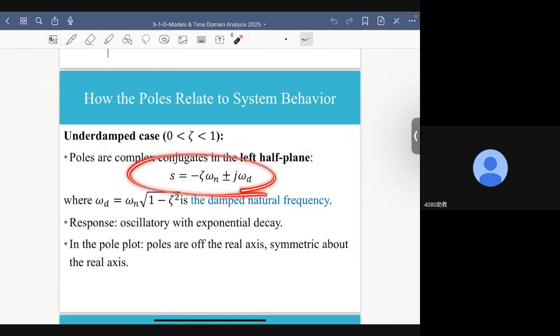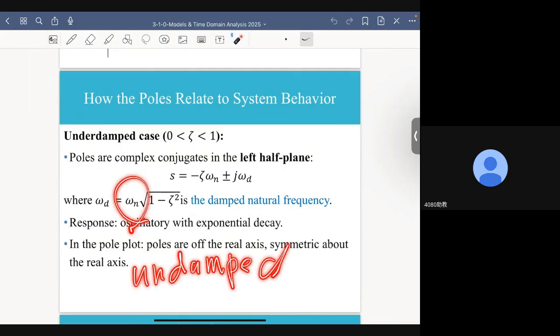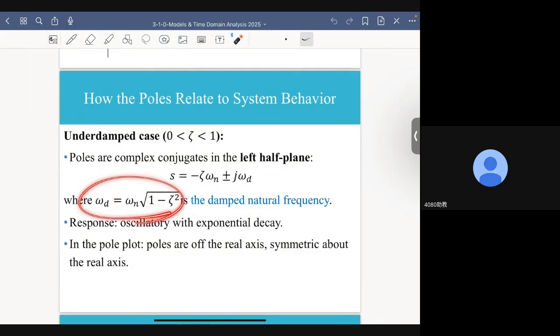And these are the poles, which are a pair of complex conjugate numbers. Here, let me introduce a new term, which is called the damped natural frequency. Of course, omega n represents the natural frequency, and sometimes omega n is referred to as the undamped natural frequency. Here, omega d is called the damped natural frequency.